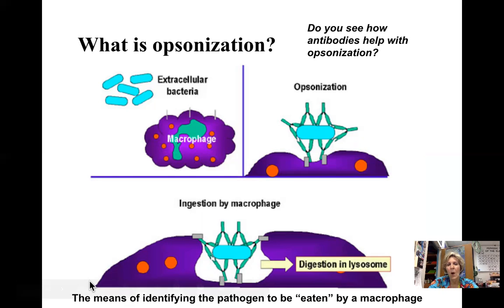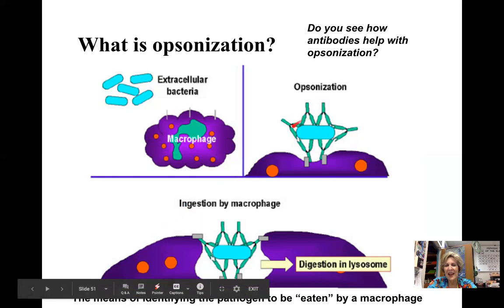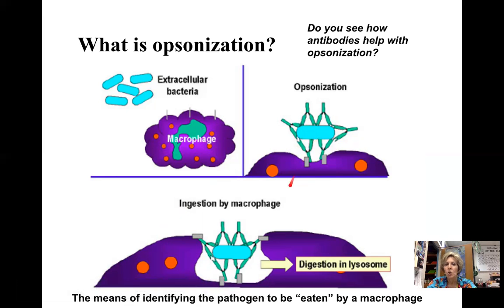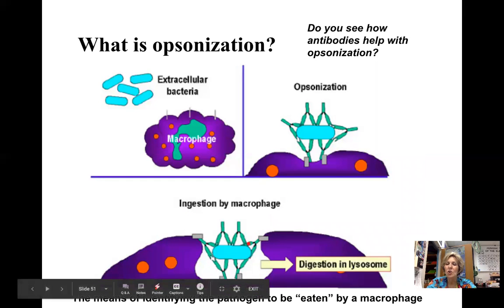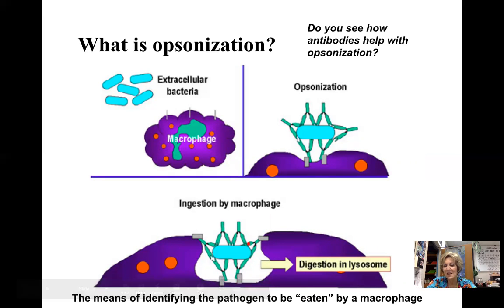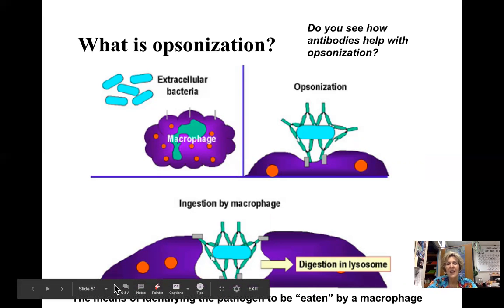And so what antibodies do is they help to immobilize the invading pathogen to make it easier to be digested by some type of phagocytic cell like a macrophage. And so antibodies help with opsonization. They kind of clump the bad guys together to make it easier for the cells that sweep along and clean them up and kill them to come around.